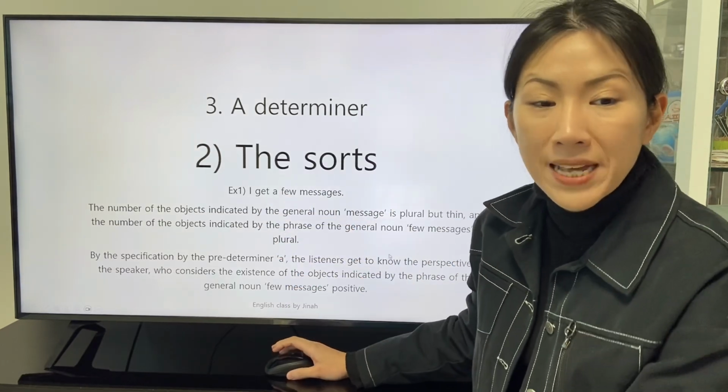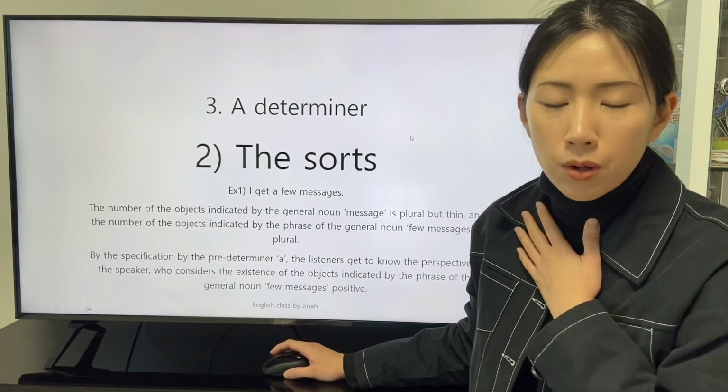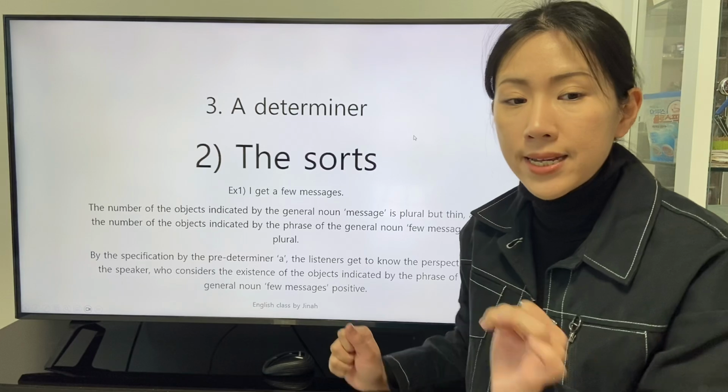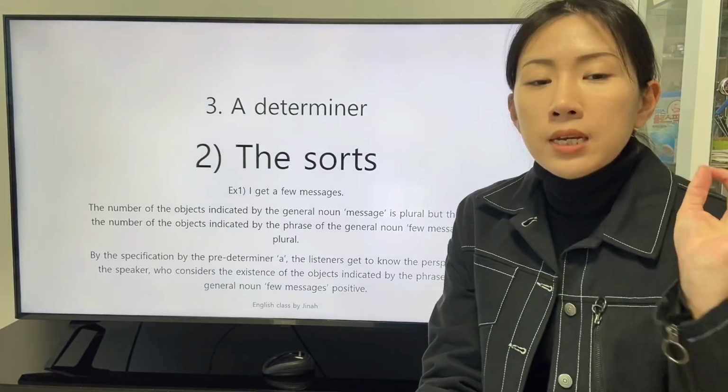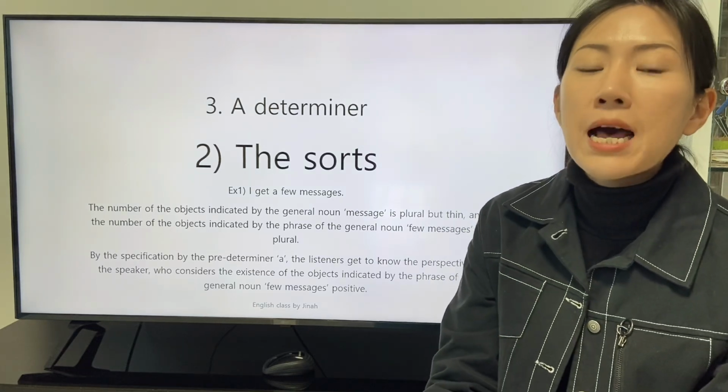By the specification by the predeterminer a, the listeners get to know the perspective of the speaker, who considers the existence of the object indicated by the phrase of the general noun few messages positive.